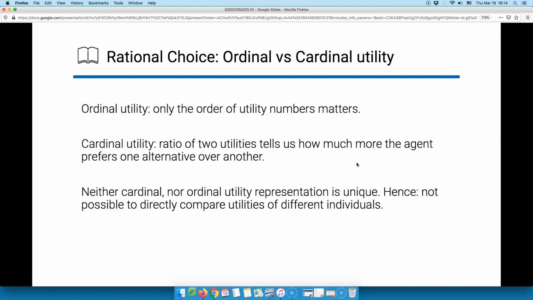Any assignment that preserves the rank of the alternatives works just as well in the ordinal utility world. Any assignment that preserves the rank and the ratios between any two alternatives works just as well in the cardinal utility world. Because of that, it is not possible for us to directly compare utilities of different individuals.